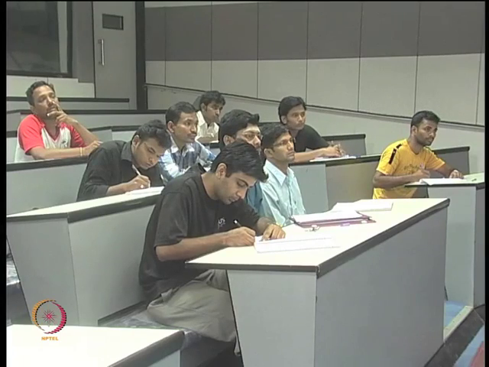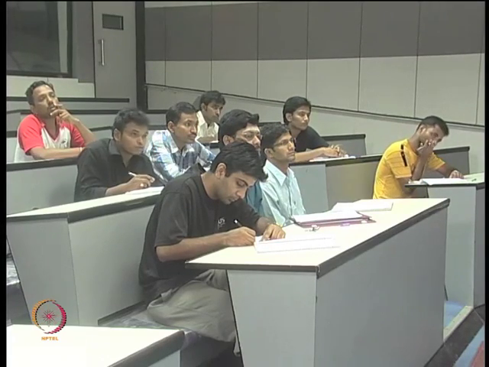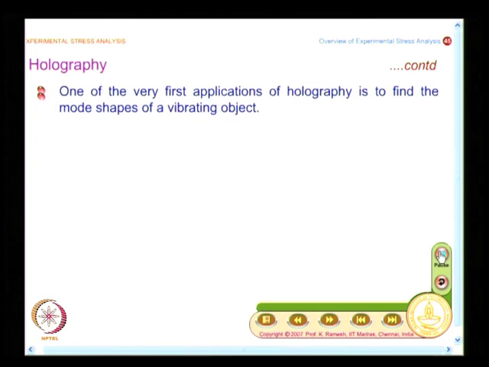When you look at the development, what you find here is, hologram interferometry's first application was on finding out the mode shapes of a vibrating object. So, if you look at one of the motivation for hologram interferometry to see as a stress analysis or displacement measurement tool, it was initially used for capturing the mode shapes of turbine blades, and Carl Stetson and others have contributed significantly in this area.